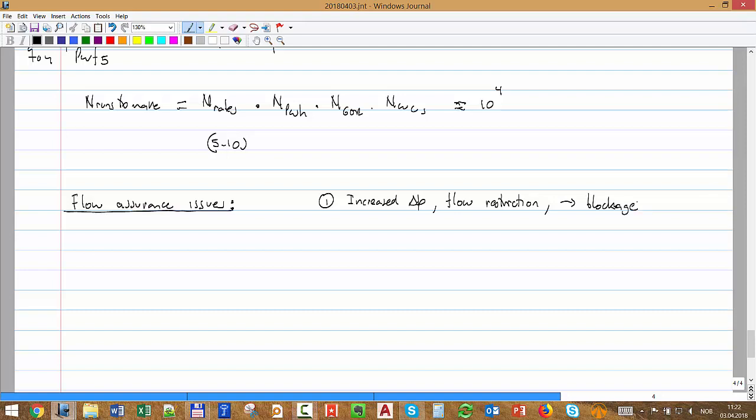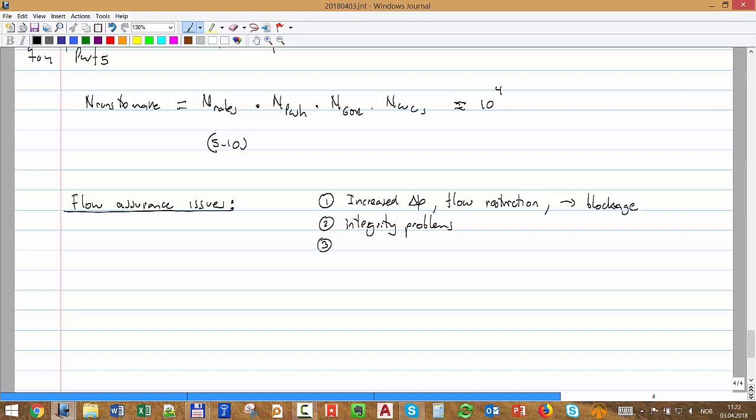The second is integrity problems, for example a hole in a pipe, a leakage, a problem with the integrity of the component.